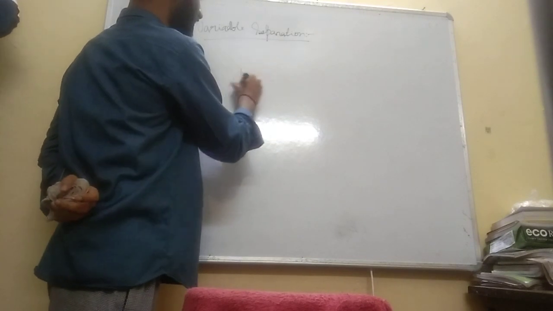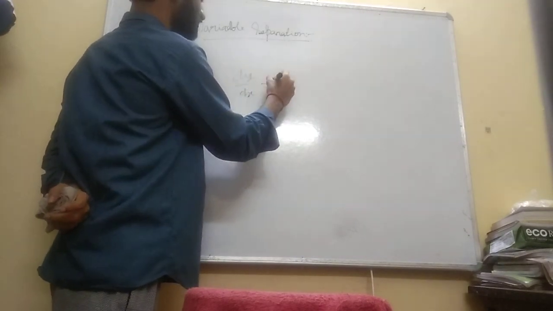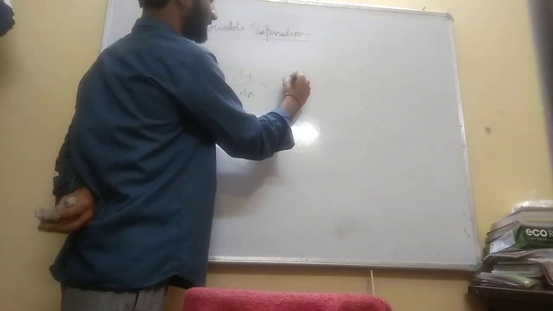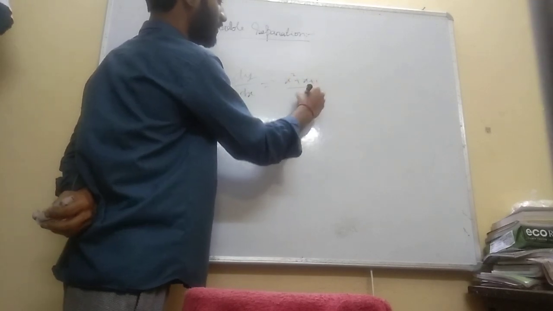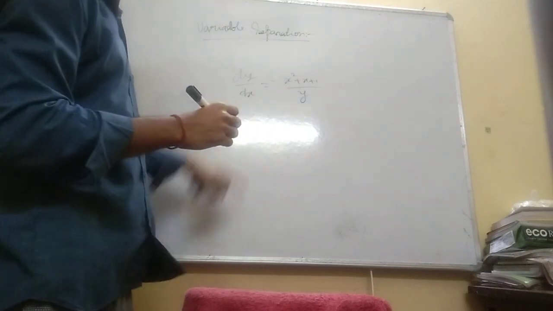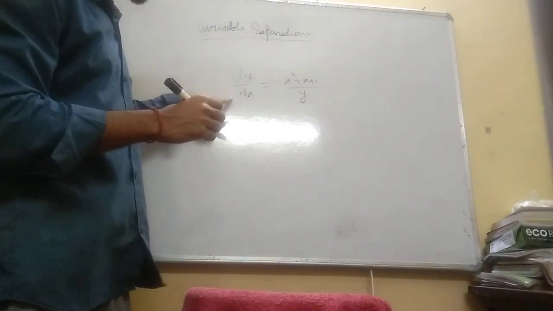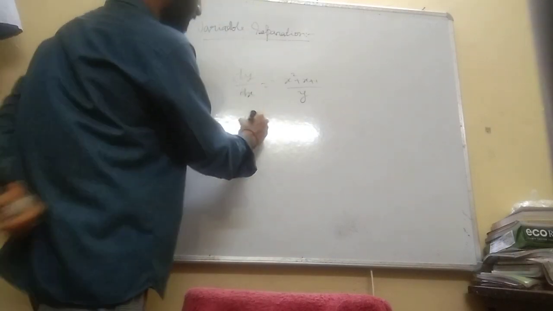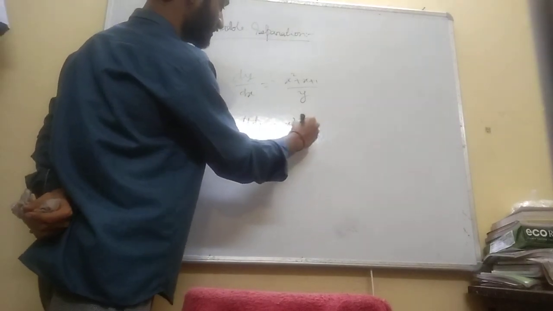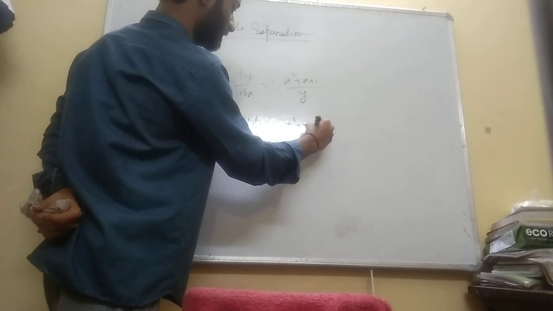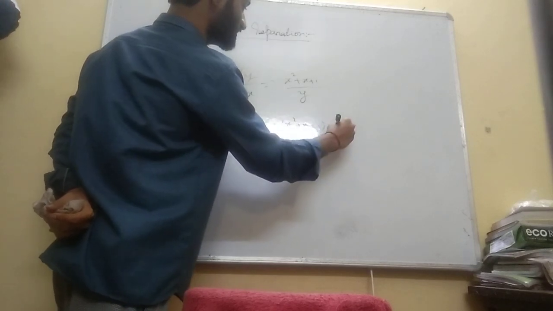For example, dy by dx is equal to x square plus x plus 1 upon y, and I am asking you, if we have to solve this problem, how do we solve? We have to write y dy is equal to (x square plus x plus 1) dx.